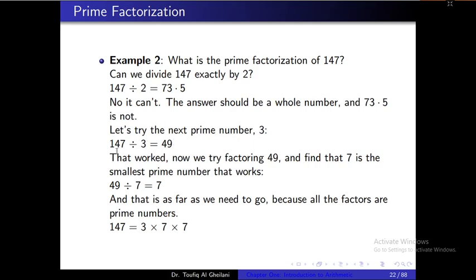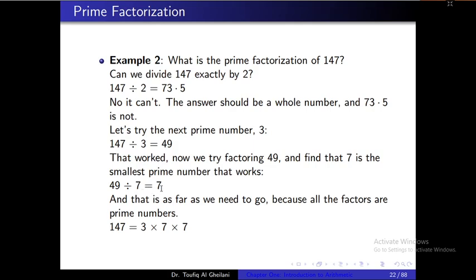147 divided by 3 will give us the whole number 49. That works. But now we try factoring 49 and find that 7 is the smallest prime factor that works. So we divide 49 by 7, we get 7.